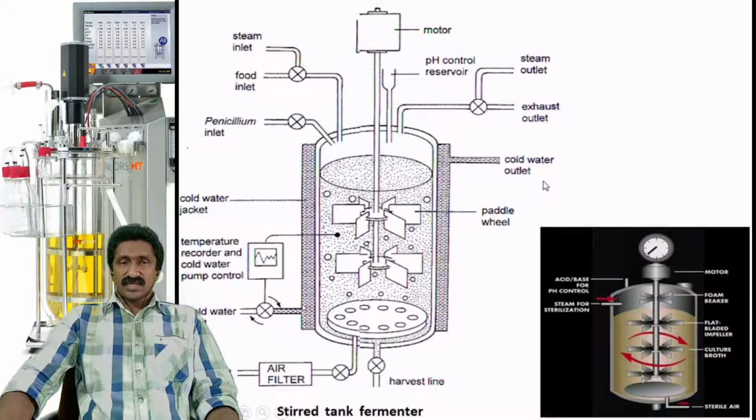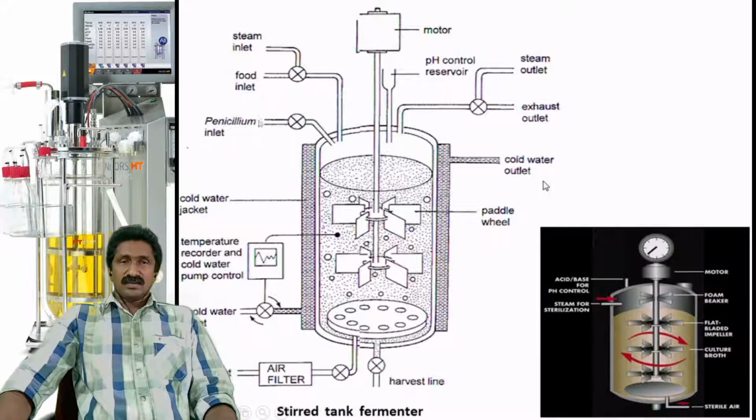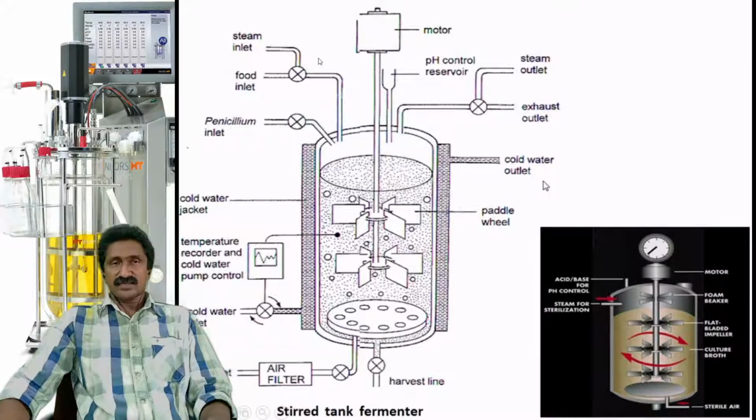Then there is a cold water jacket that is shown here, with a cold water outlet and cold water inlet. Then this is the impeller with a motor which ensures the stirring. Then there will be an inoculum port, and also a steam inlet and feed inlet. The steam inlet is required for sterilizing the tank.